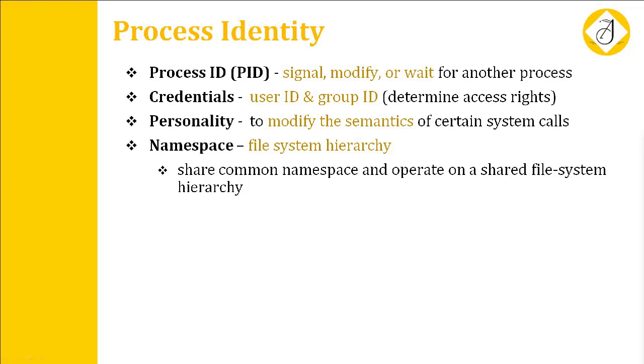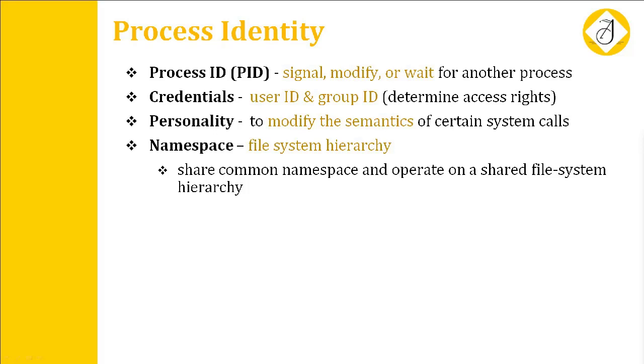And it also contains some credentials. Each process must have an associated user ID and one or more group IDs that determine the process rights to access the system resources and files. So it tells about the privileges, whether the read privilege or the write privilege. Those informations will be contained in these credentials.